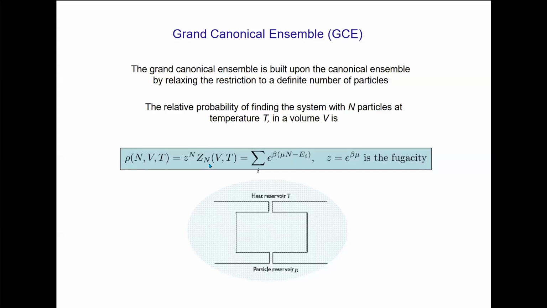If we now substitute the expression for the partition function as a sum over all states of the system, the relative probabilities are given by the Boltzmann factor, exponential minus beta E.